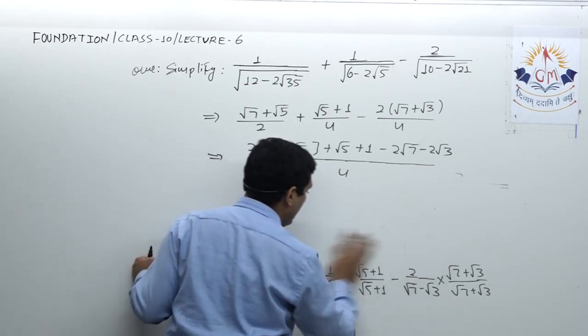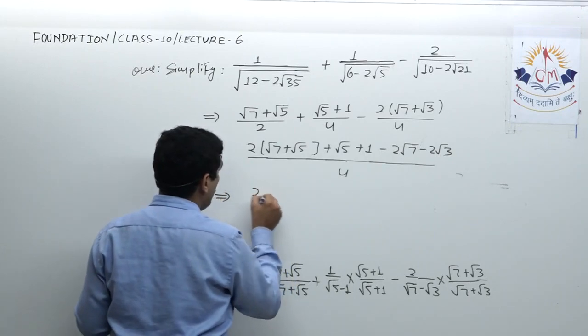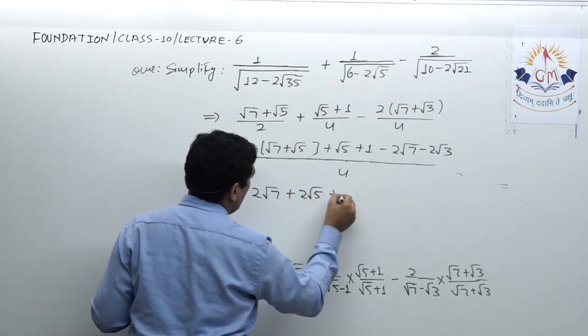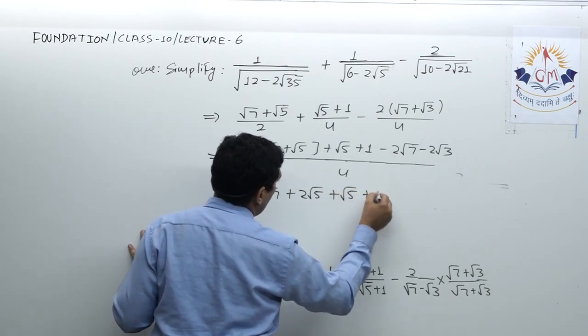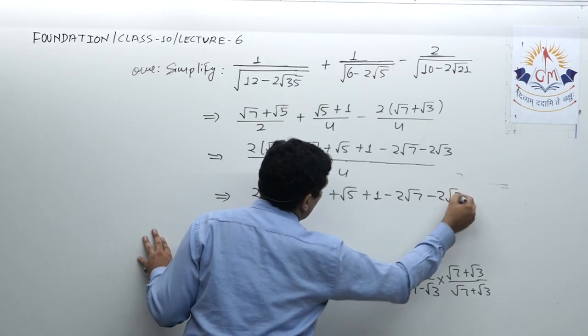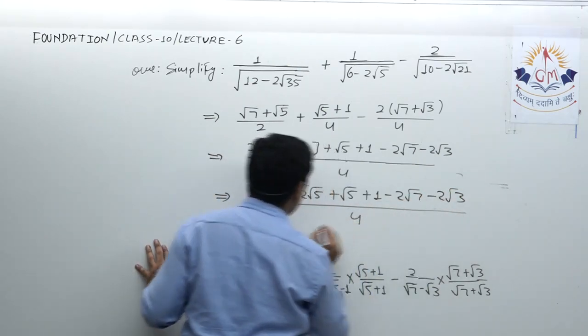Okay, on simplifying it further, here it will become 2 root 7 plus 2 root 5 plus root 5 plus 1 minus 2 root 7 minus 2 root 3 divided by 4.